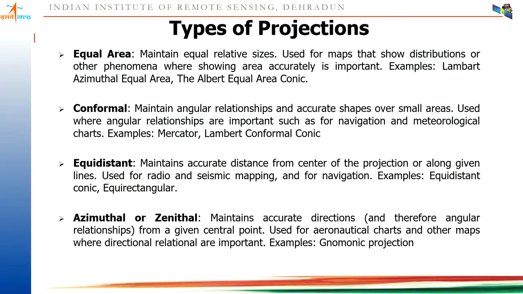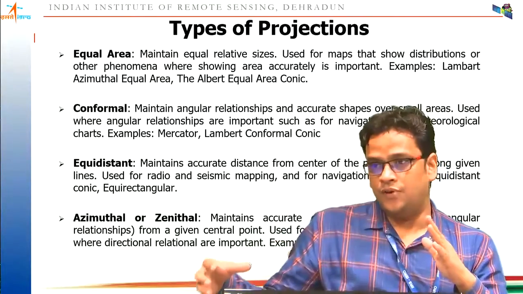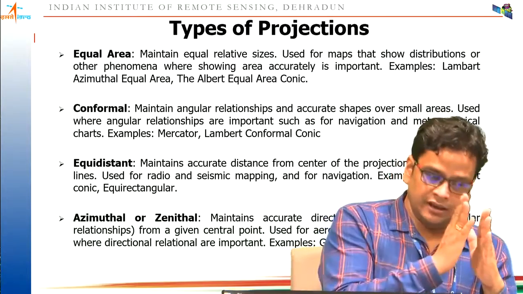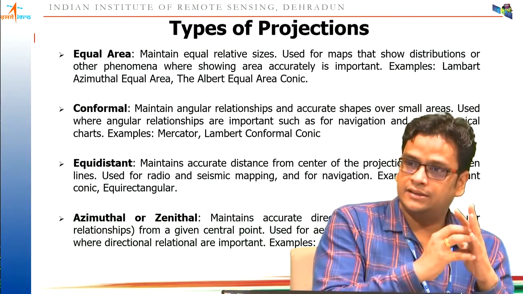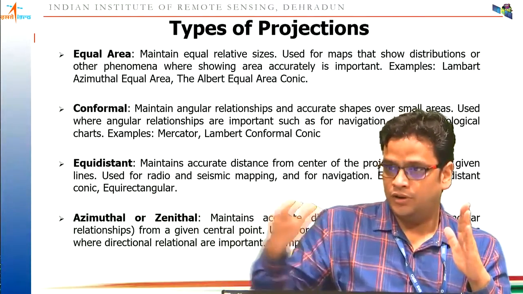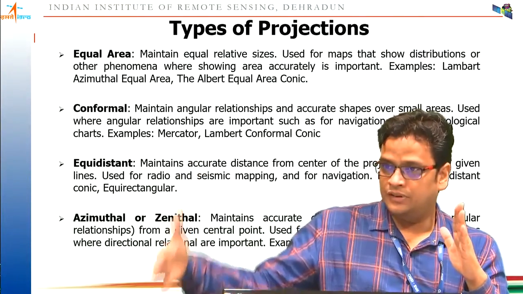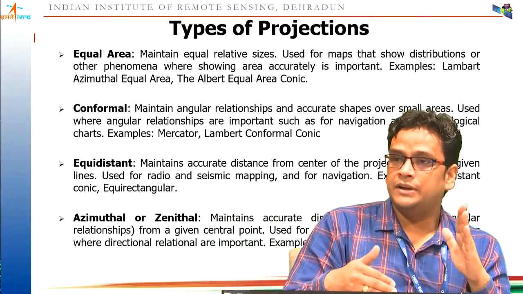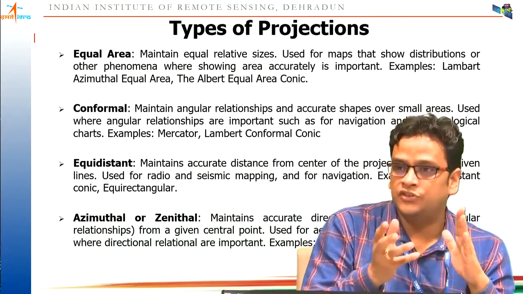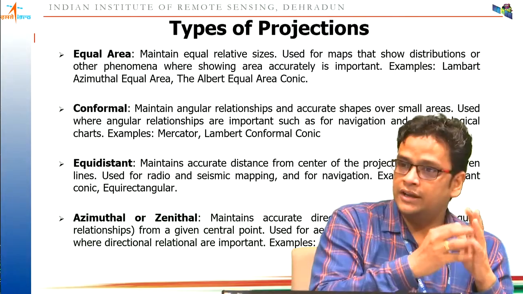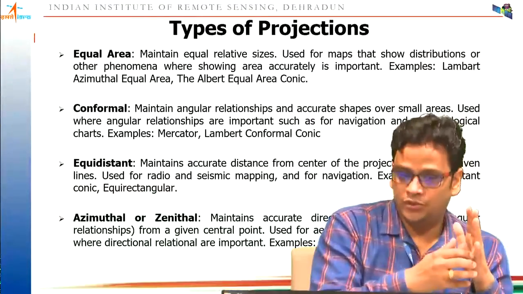Now what is our objective? Based on that we select a particular type of map projection, like equal area. If whatever area is there on the globe, we want it to remain the same or in some ratio on the two-dimensional map, then we will use such a type of map projection. If our purpose is that shape should be preserved and not distorted much, then for a small area we will use such a kind of projection.